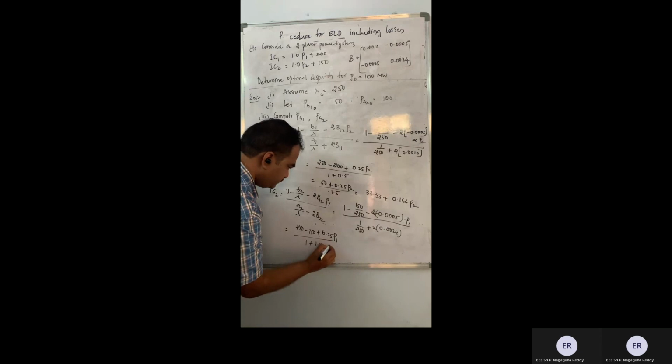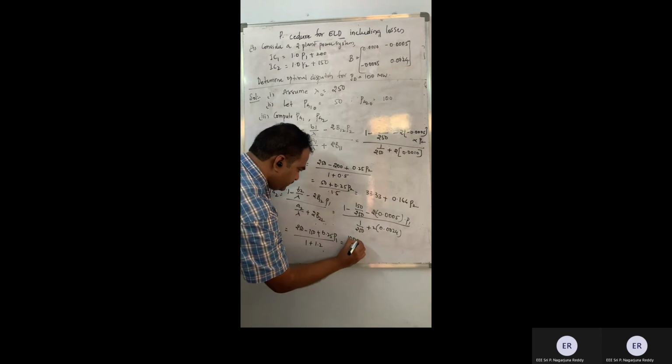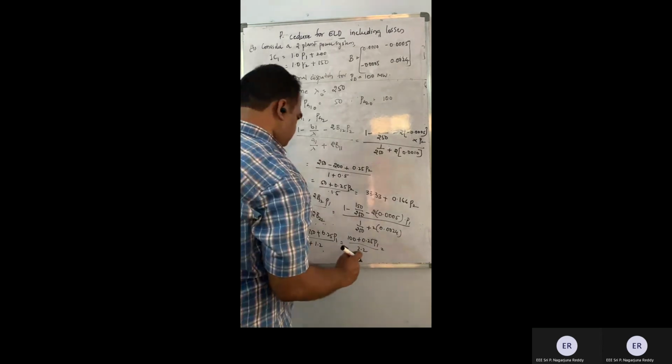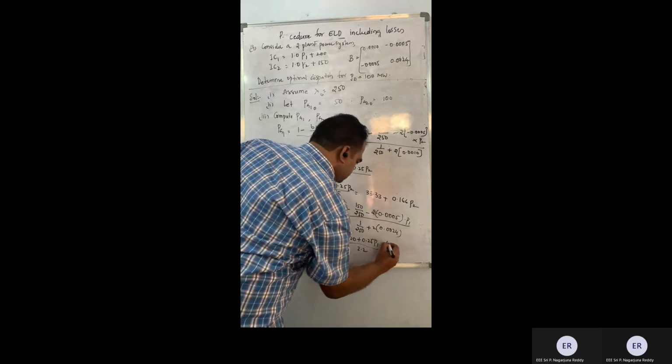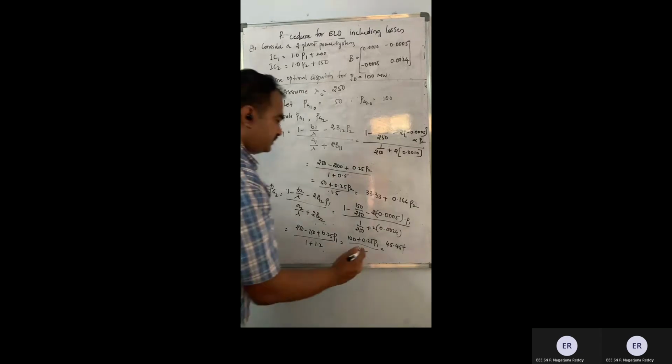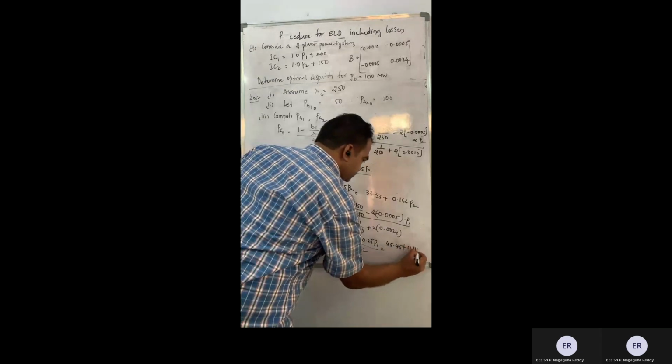1.2. So this is going to be 100 plus 0.25 P1 by 2.2. So this is going to be 45.45 plus 0.114 P1.